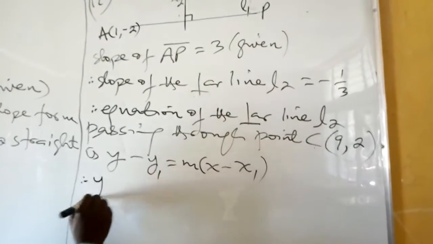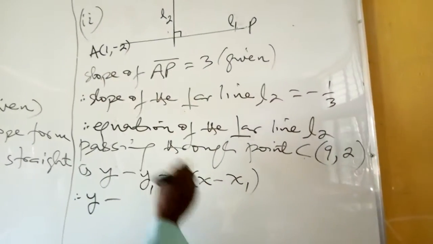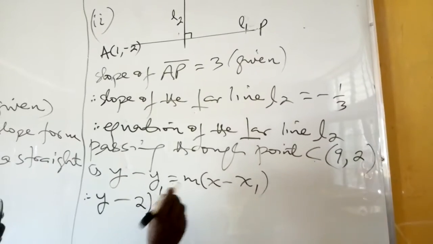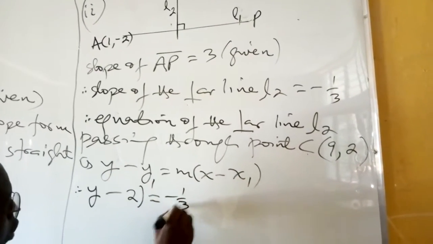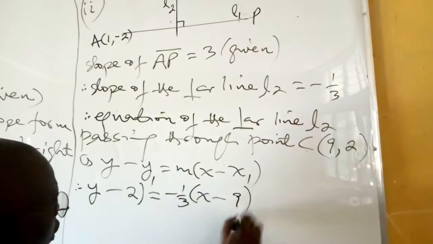In this case, y1 is 2, x1 is 9, so y minus 2 equals m, which is minus 1/3, into x minus 9.